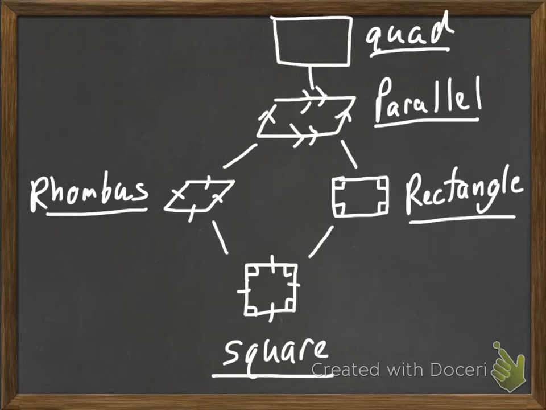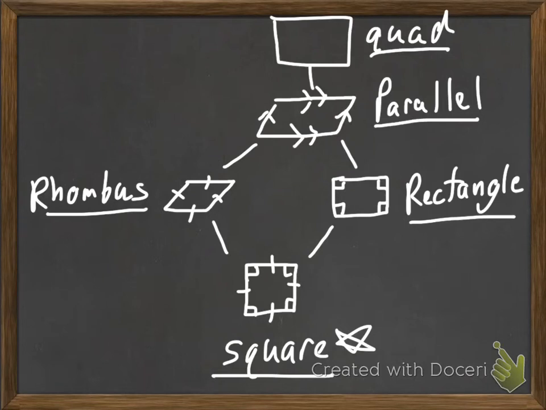Now, the way this flowchart works is that you can go up and call anything up that same thing. So if we start down here at the square, I can say a square is a rectangle and a rhombus and a parallelogram and a quadrilateral.